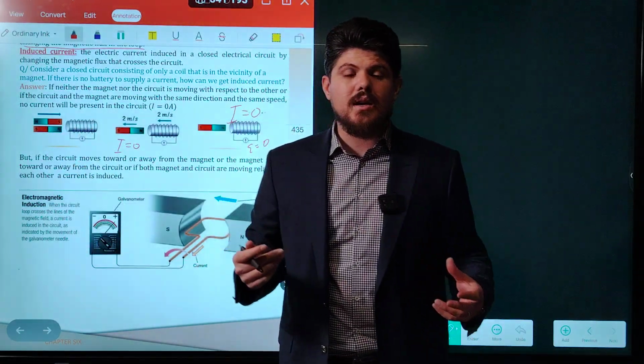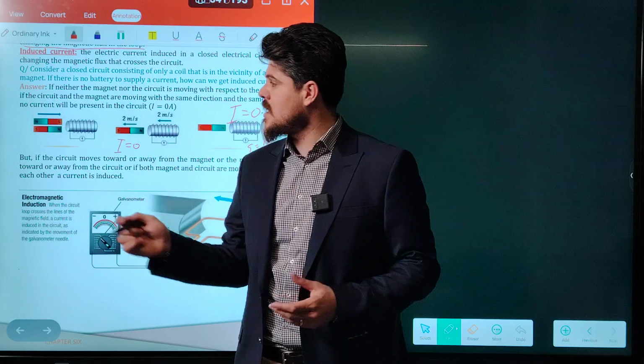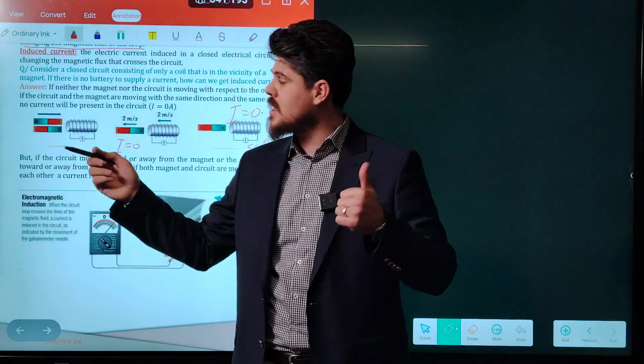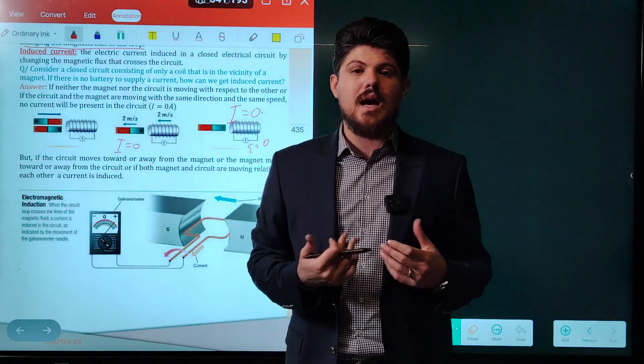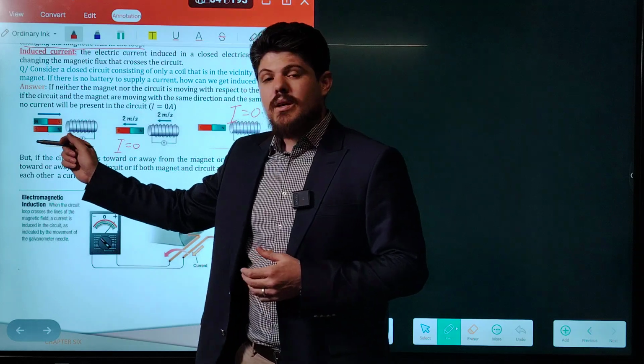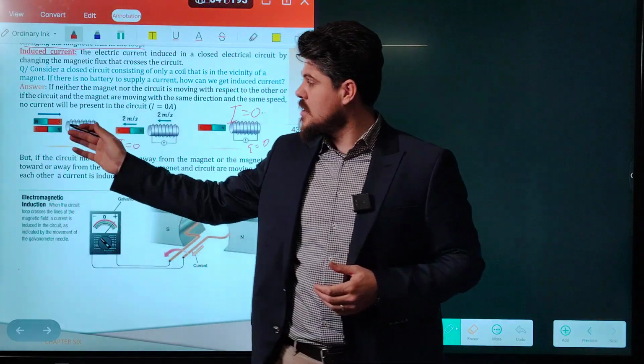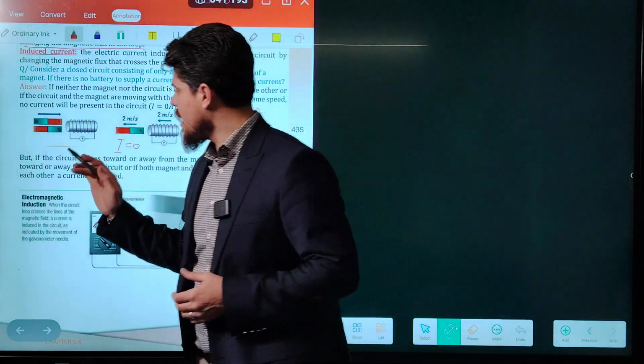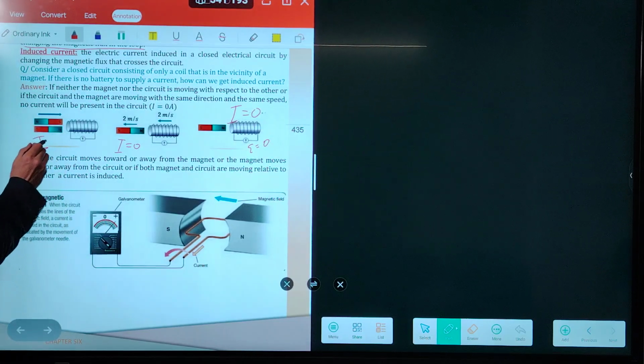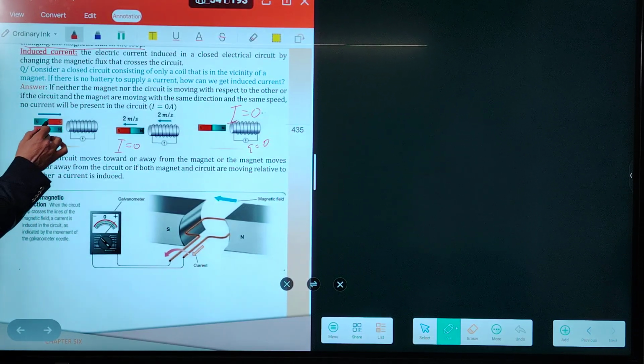when two bar magnets are located side by side, but the south pole of one bar magnet is located near the north pole of the other magnet, even by approaching these two magnets toward this coil, no current is induced here. Why? Because how many magnets do we have? Two magnets. The two magnets are placed side by side with the same pole or opposite pole? Opposite pole.